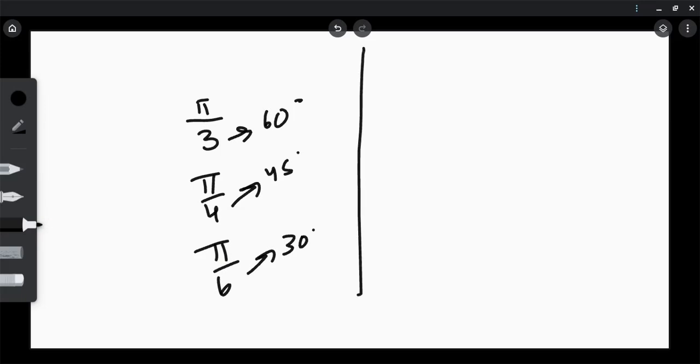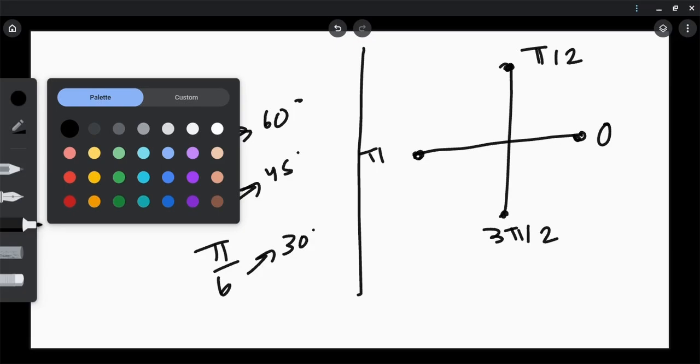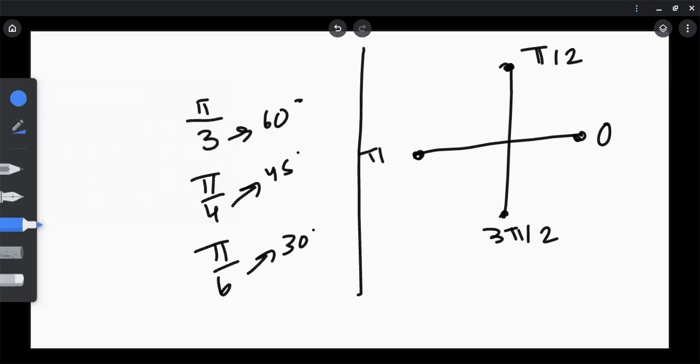But you can also be asked about the quadrantal angles. The quadrantal angles do not have reference angles. The quadrantal angles are 0, pi over 2, pi, and 3 pi over 2.